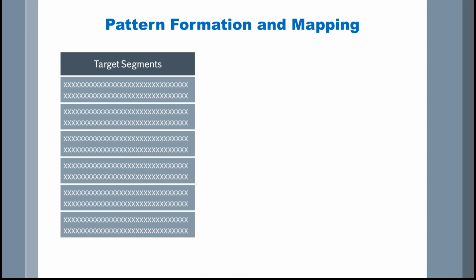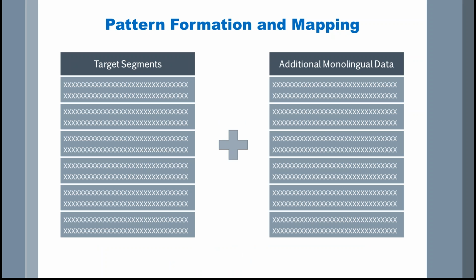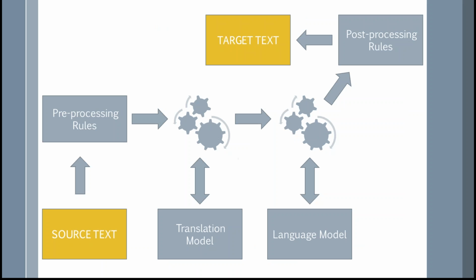And for the language model, we take the target segments of the previously mentioned bilingual data, and we have some additional monolingual data to create the language model with a system similar to the translation model. So you can see how those data and models are utilized in the system. In general, you have the source text and the target.